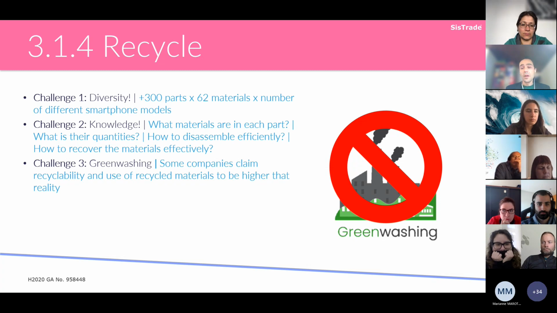We need to know what materials are in each part, what their quantities are, how we can disassemble it efficiently, and how we can recover the materials effectively. I mean, with the highest degree of purity, let's say. And of course, we also have the challenge of greenwashing, with some companies claiming for marketing purposes that they use a lot more recycled materials than in reality they use.